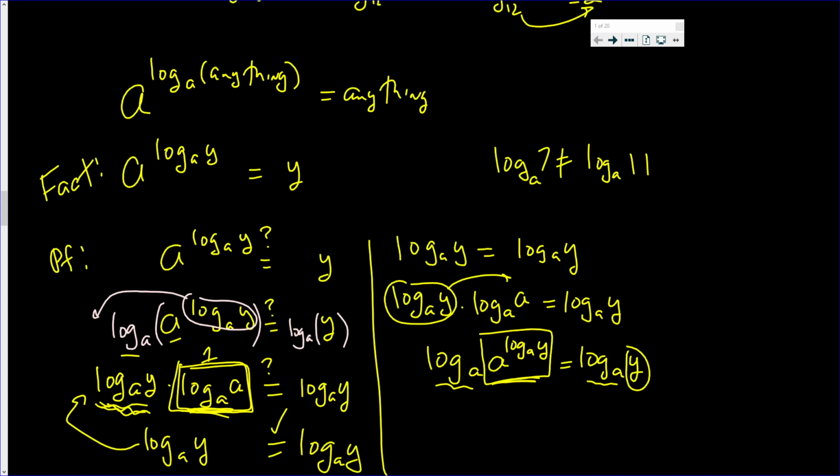Log of 7 only equals log of 7. So if log of this equals log of that, that means what I'm taking the log of has to be equal.